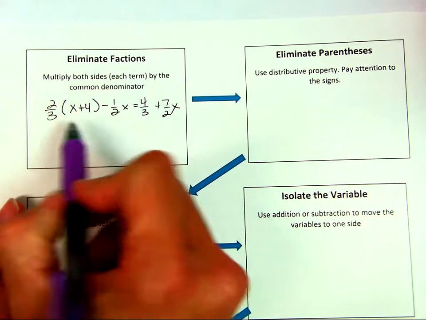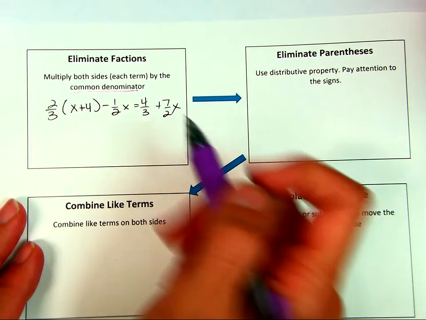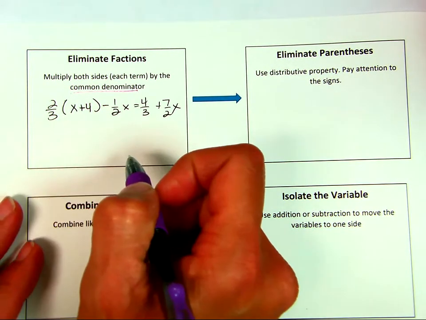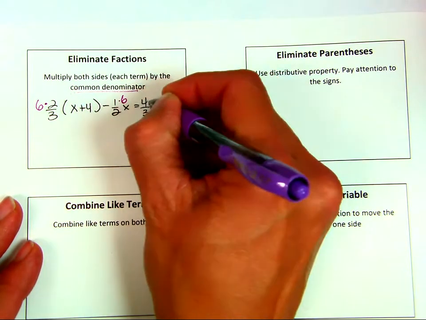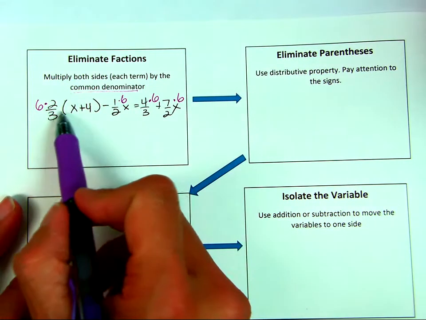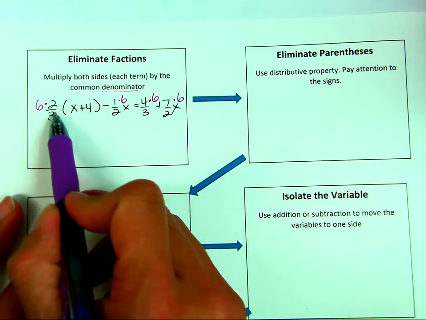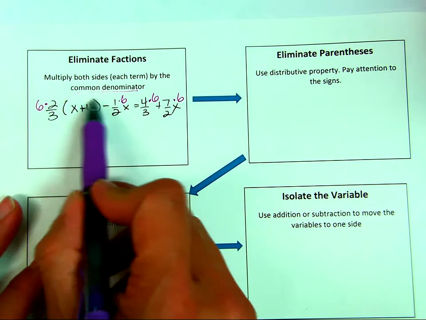So we do have fractions. The denominators are 3 and 2. A common denominator is the lowest number that 3 and 2 both go into. That's a 6. So I'm going to multiply both sides by 6. When I multiply both sides by 6, it's important that you realize that this is one thing. Since the 2/3 is multiplied by this x plus 4, we only multiply that whole product once.